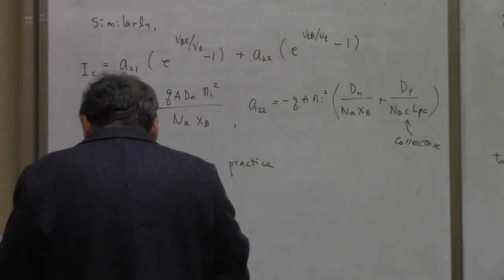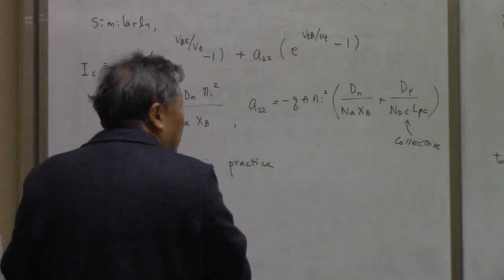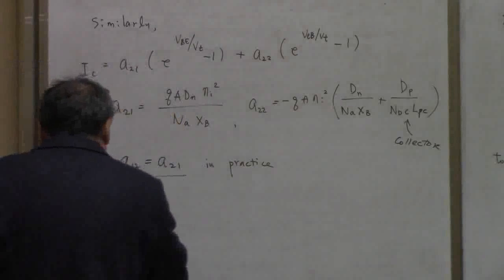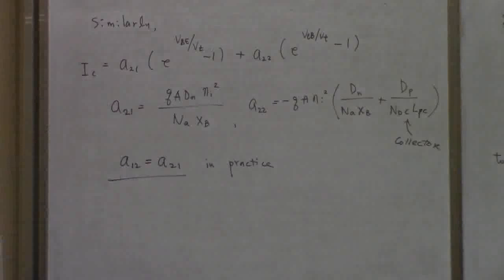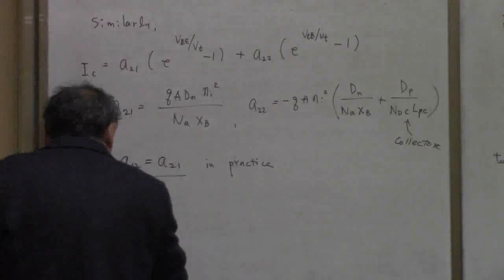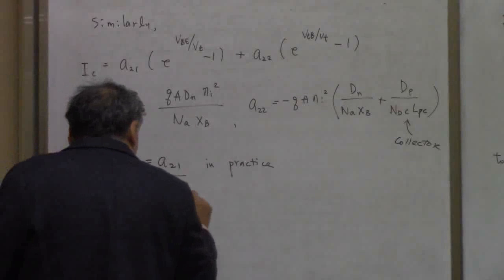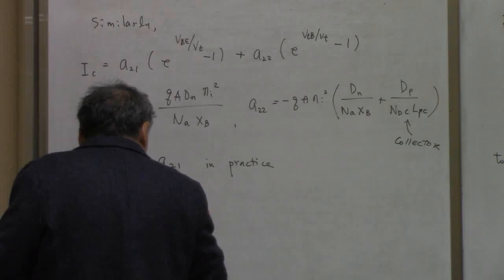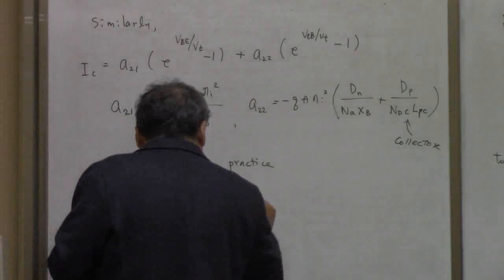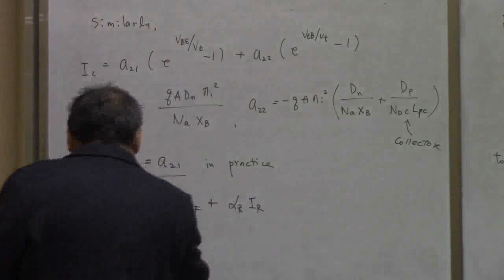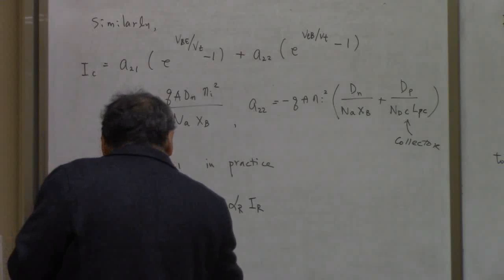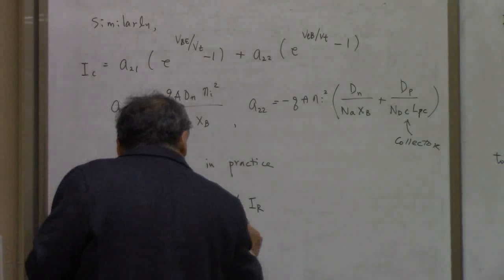And we manipulate these equations, and then we end up with a simplified form, like the emitter current can now be written as the forward bias current IF minus alpha R IR, and the collector current is going to be alpha F IF minus IR.